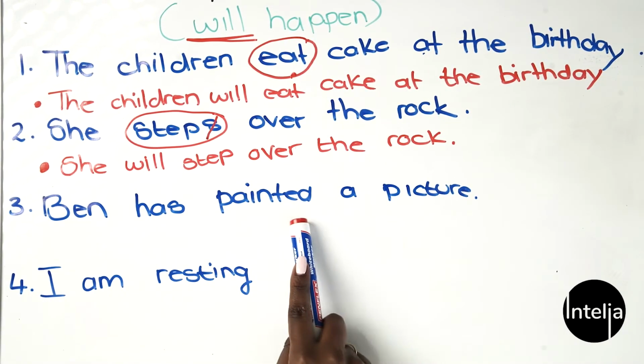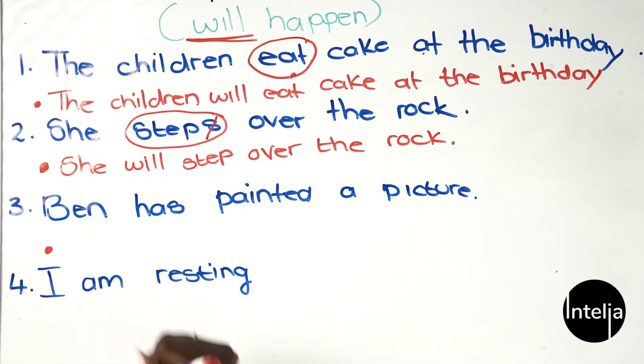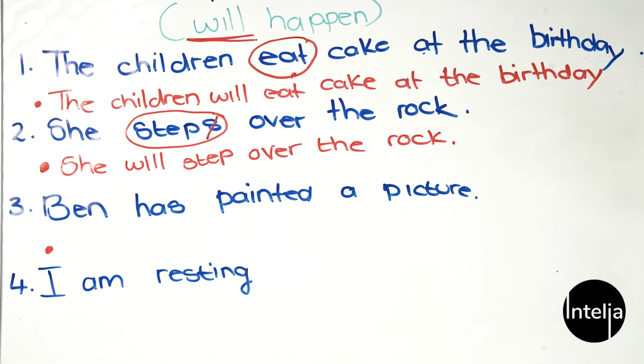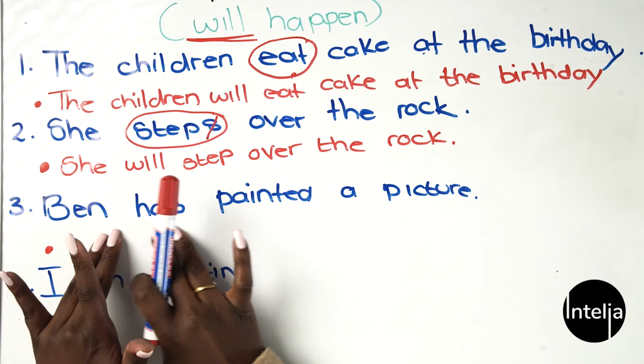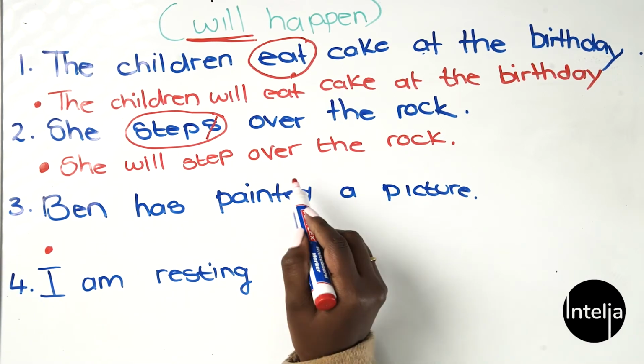Ben has painted a picture. Let's read that again. Ben has painted a picture. Before we go any further, what is our verb in the sentence? That's right.